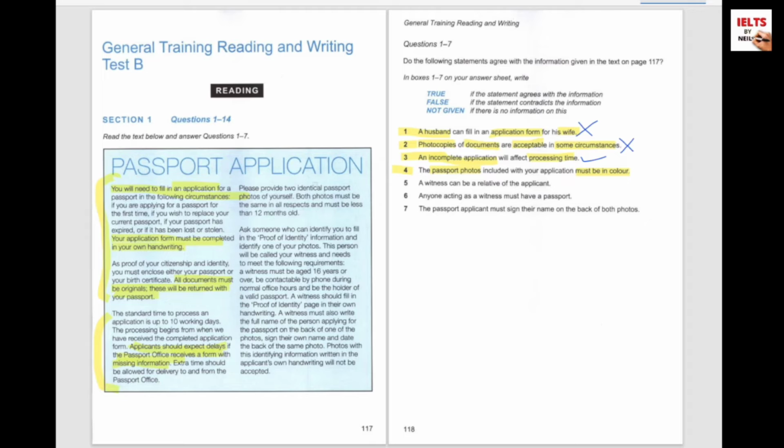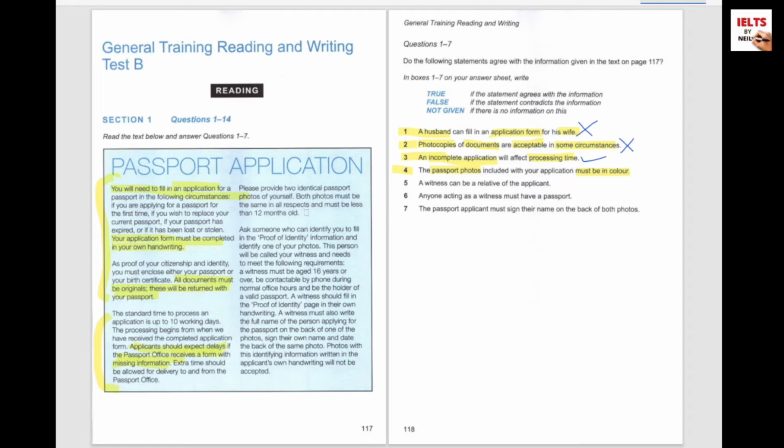Please provide 2 identical passport photos of yourself. Both photos must be same in all respect, must be less than 12 months old. Okay, so here the photos paragraph has been finished, but they have not mentioned anything like it should be colored or it should be black and white.